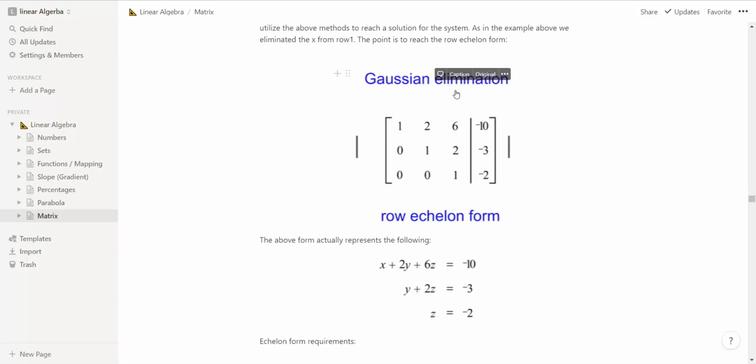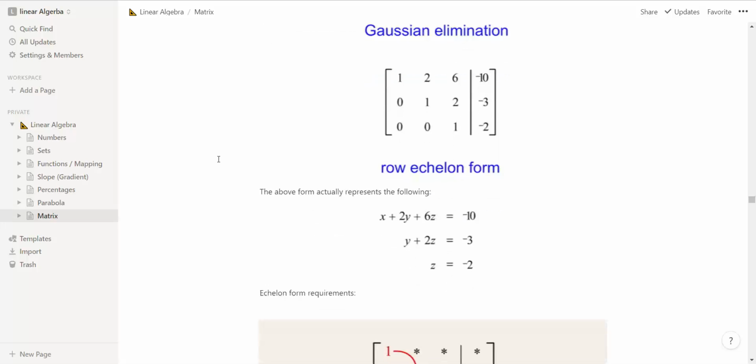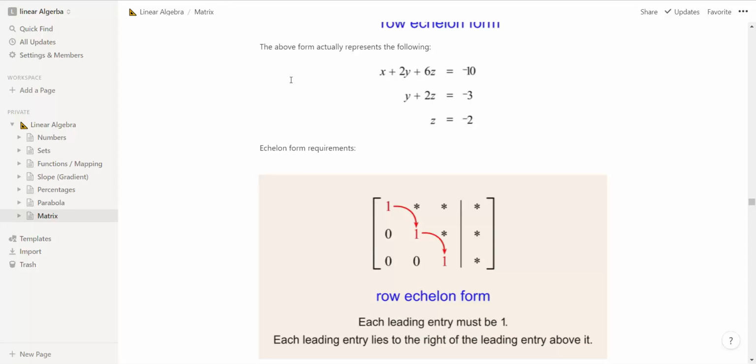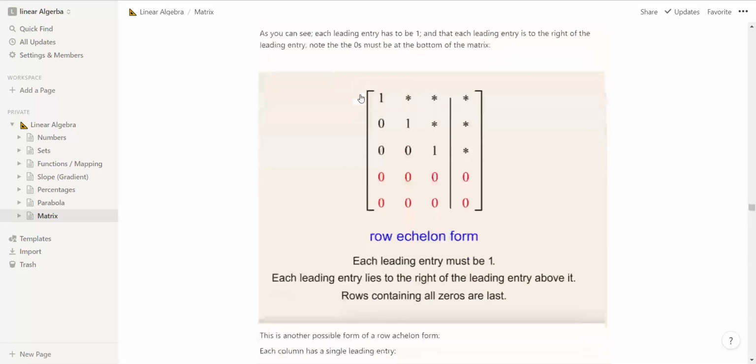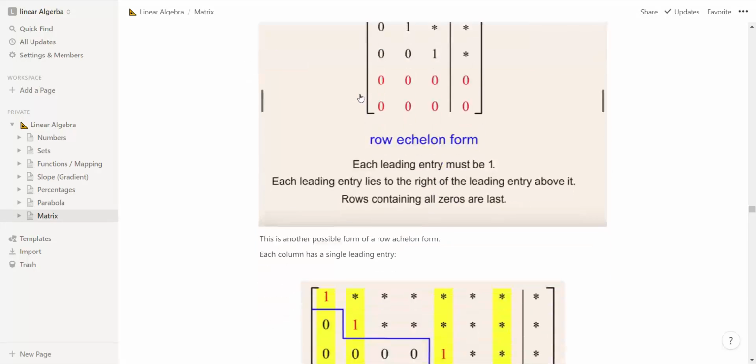So in Gauss elimination, the goal is specifying zeros and ones. Echelon form requirements: each leading entry must be 1. Each leading entry is to the right of the leading entry, the pivot, above it.